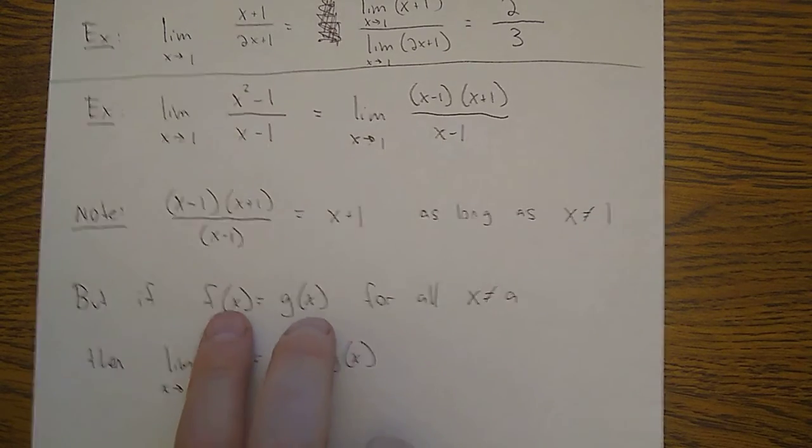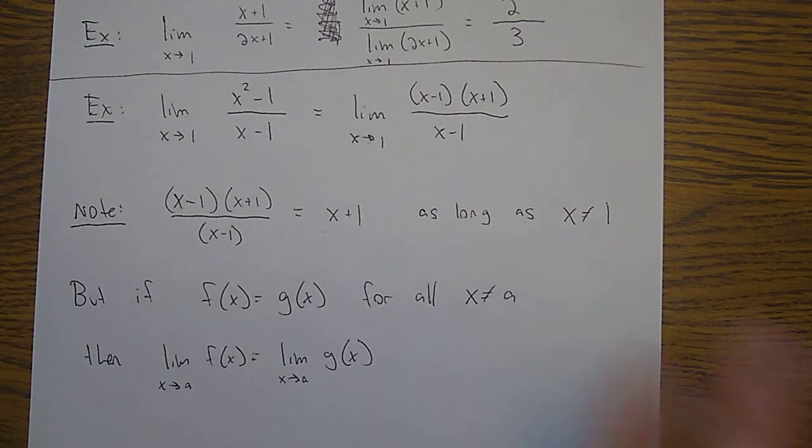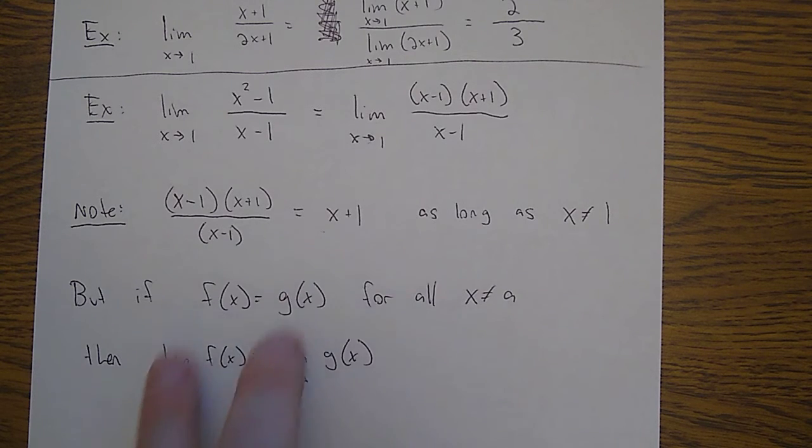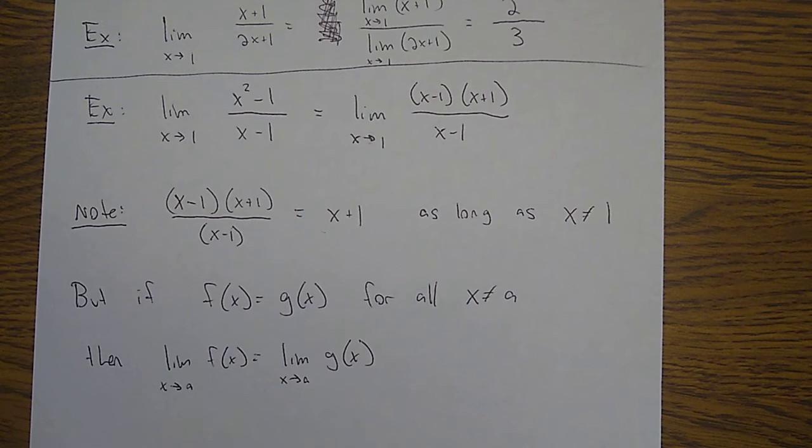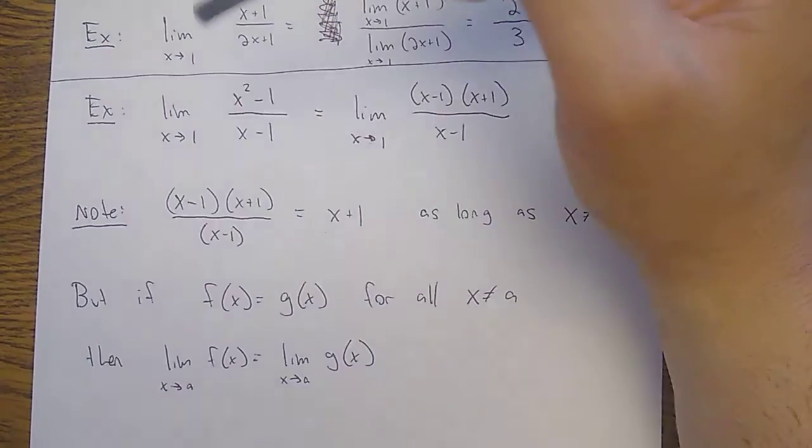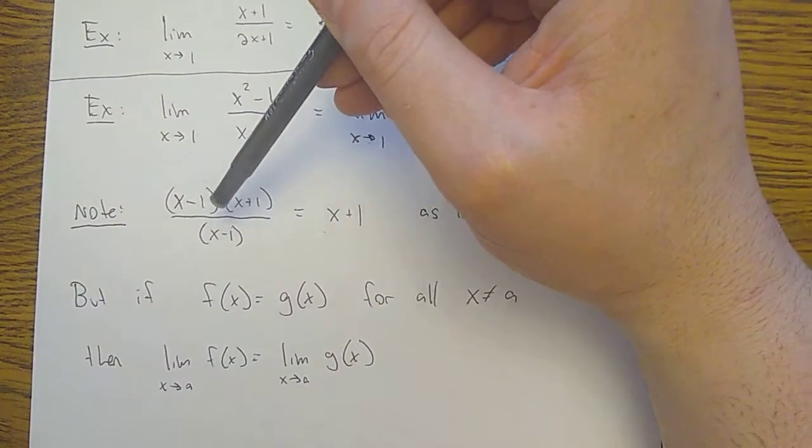In other words, if these two functions are the same for all x not equal to a, then we don't care what happens when x does equal a. As far as we're concerned, for a limit, these two are the same function. The fact that they disagree when we plug in this one number does not matter. So essentially, I can treat this as being equal to this.